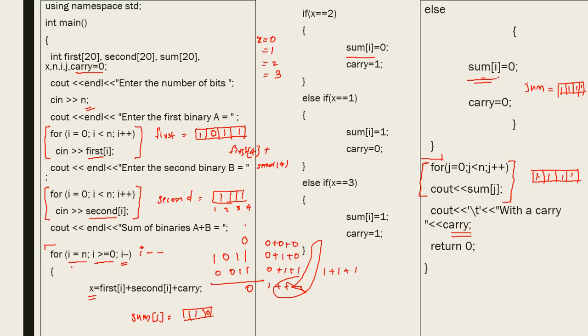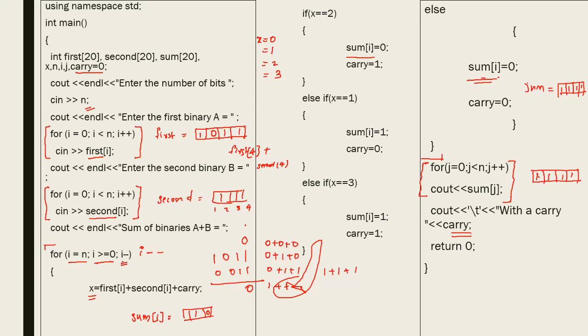We have to move in a decreasing order. So to move in decreasing order, the initial value will be the last value, that is i equal to n. Here the initial value is the first value, that is i equal to 0, and in this case we have to initialize the value towards the last value, that is i equal to 4 or 8. And after that, in every loop i should decrease. If it was 8 initially, then it should decrease to 7, 6, 5, 4.